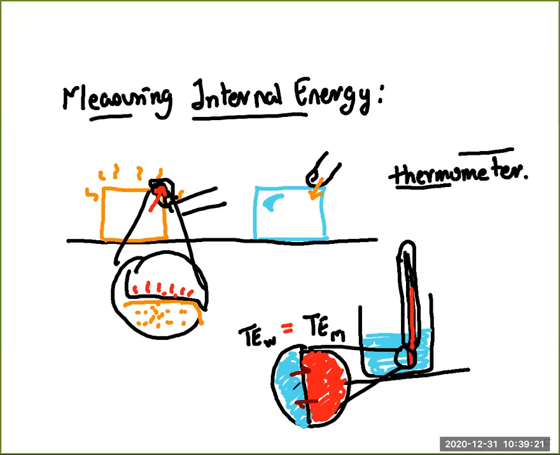When the equilibrium is reached, there will be no more transfer of thermal energy, and the point where it stopped shows that the thermal energy of the water and the thermal energy of the mercury are the same.